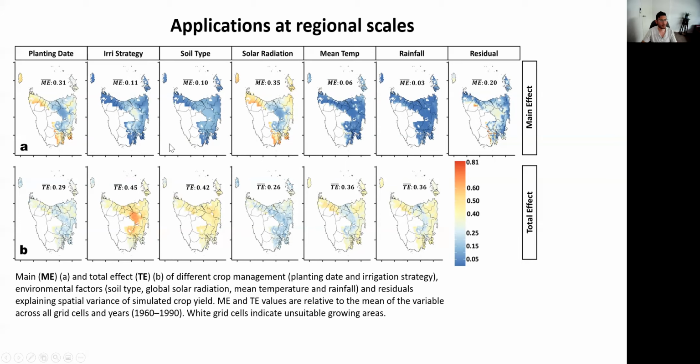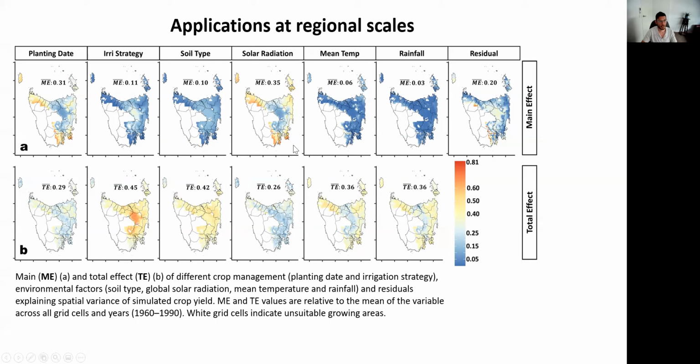So you can see, for example, that for particular regions, some factors contribute more to the variance of the yield. And when you move to other areas, the factors that are affecting the variance of that output are different.